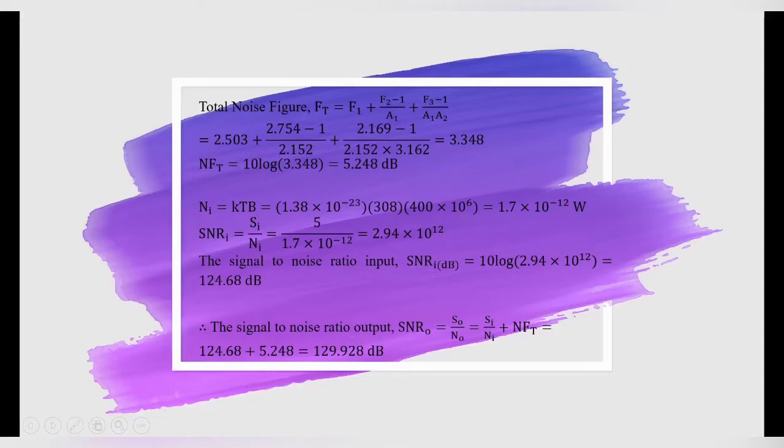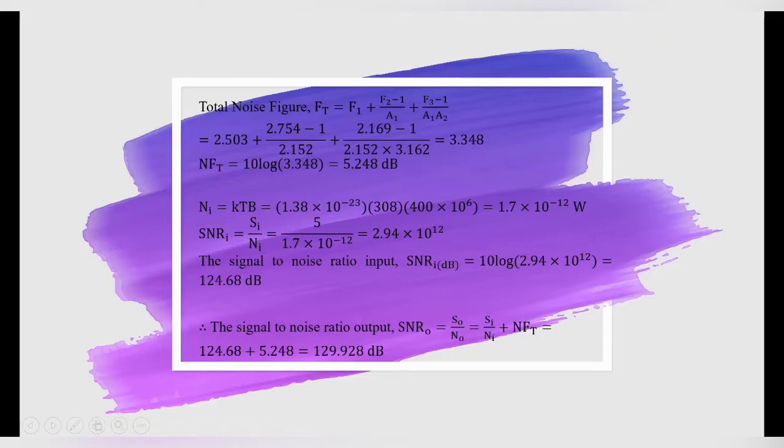By this value, we calculate the input signal to noise ratio, which is Si over Ni. By calculating it and then converting it into dB, we got the input signal to noise ratio of 124.68 dB.